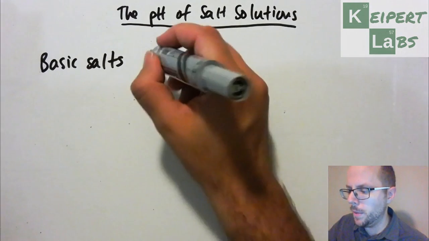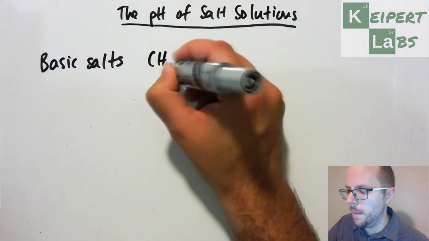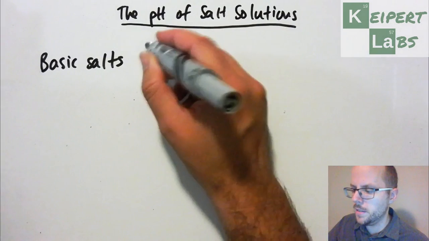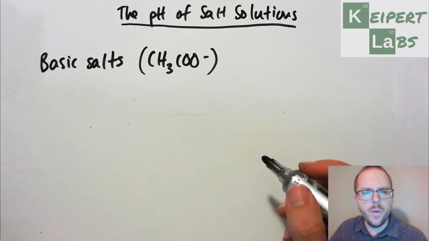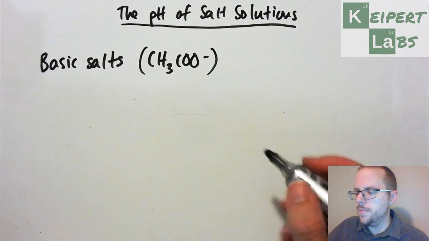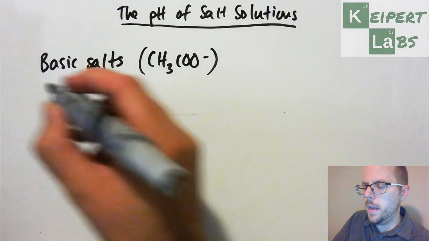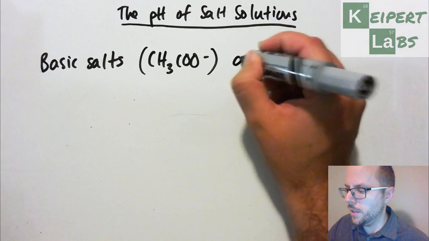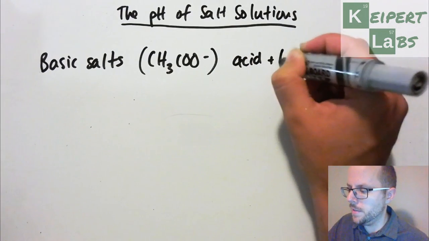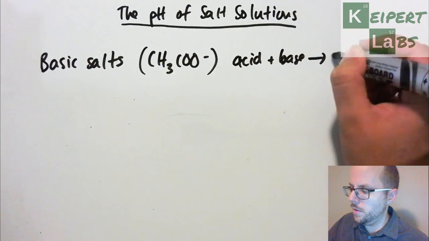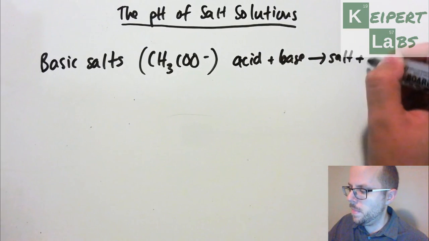So the first example that we're going to go through is acetate, or ethanoate. A salt involving the acetate ion is formed from, remember neutralization, acid plus base gives a salt plus water.